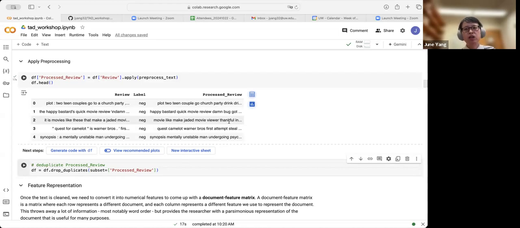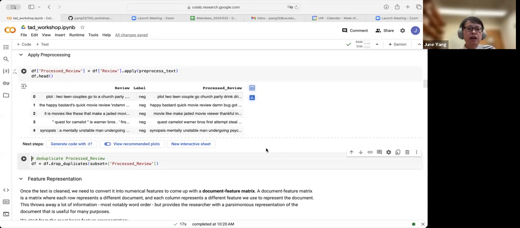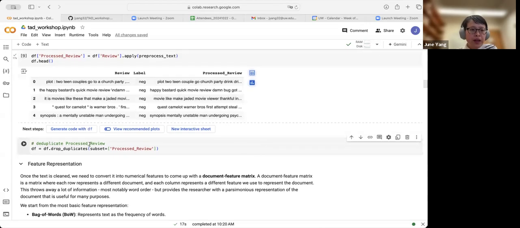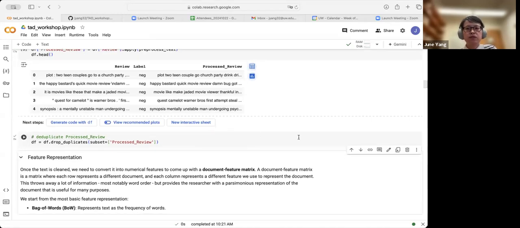Sometimes we don't know until we actually work on the analysis. So keep in mind that pre-processing might be an iterative process as we proceed with text data. Here, I'm also doing a dedupe process based on the processed review. This should be a pretty clean dataset, but in the real-world setting, we often face a lot of noisy data that might contain some duplicates.